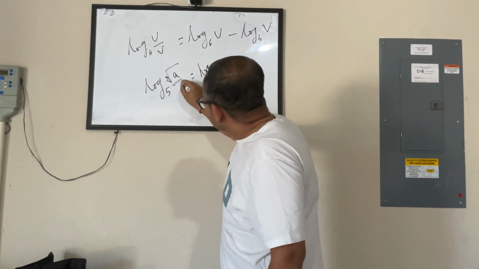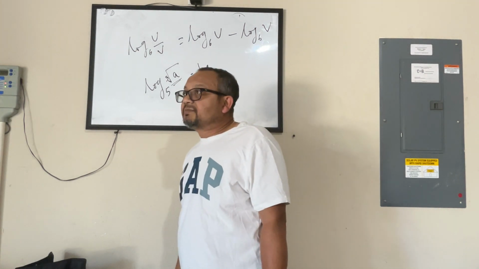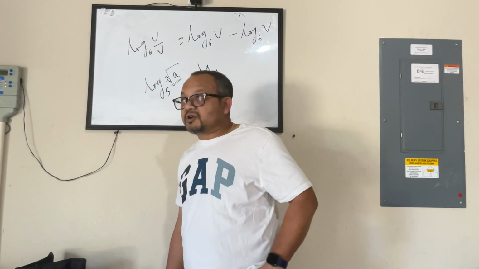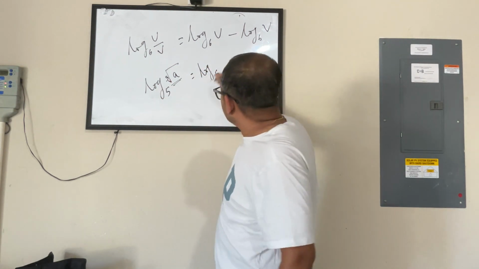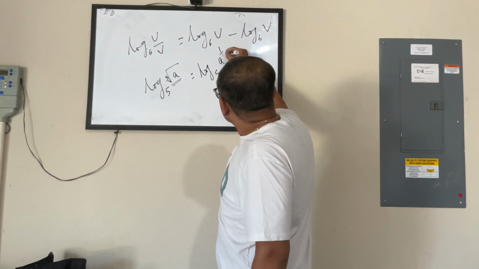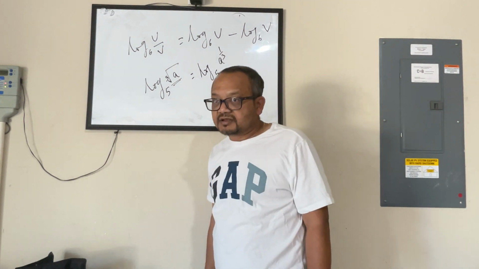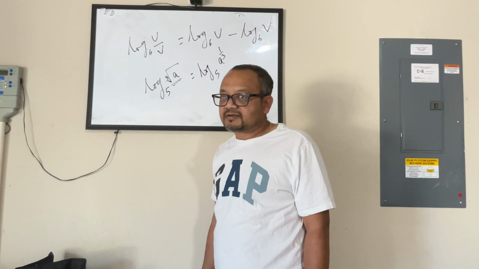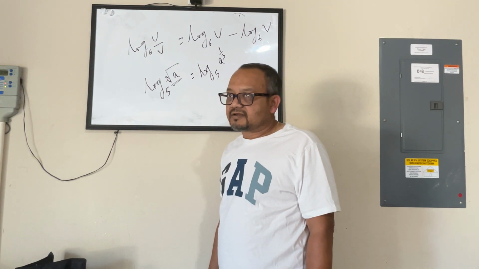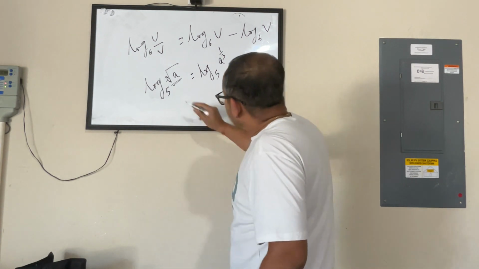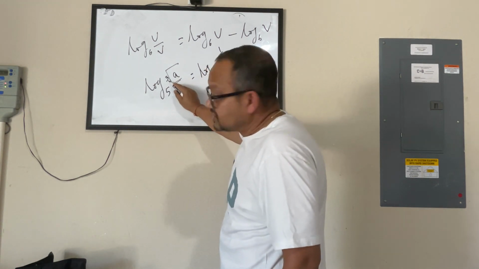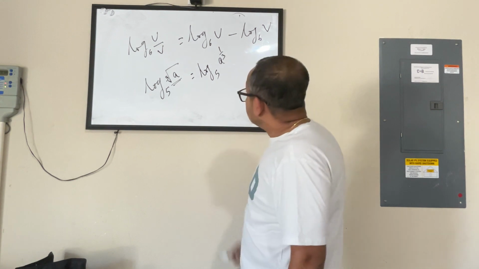When I say something to the power 1 by 2, it means square root. Something to the power 1 by 3 means cube root. So this is nothing but power 1 by 3. So far so good. If I have a 3, that means it's talking about a cube root.